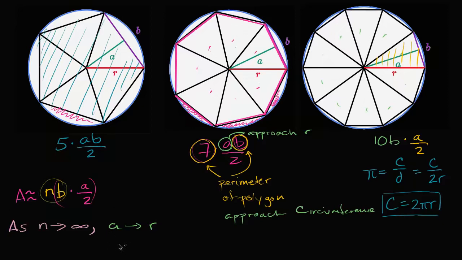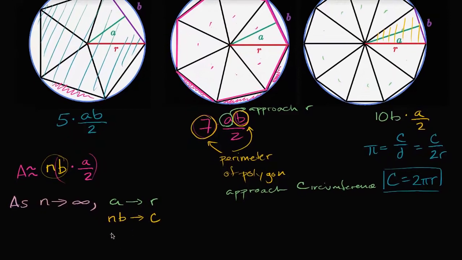So a is going to approach r, and n times b is going to approach the circumference. Or another way of thinking about it, n times b is going to approach 2 pi times the radius, because that's what the circumference is equal to.